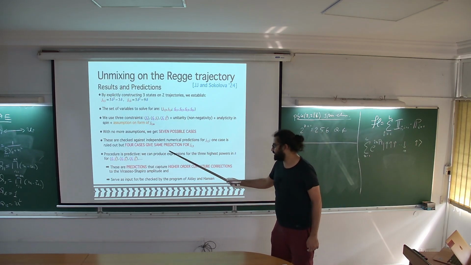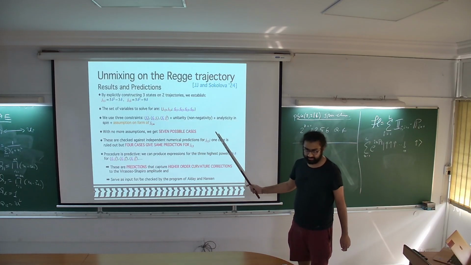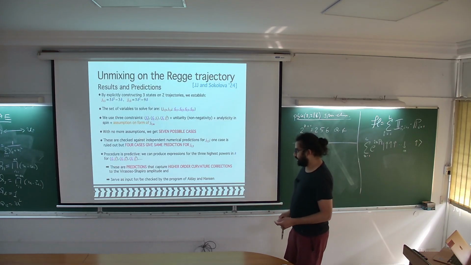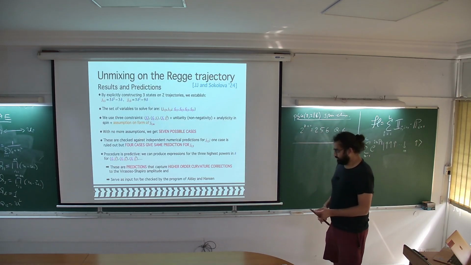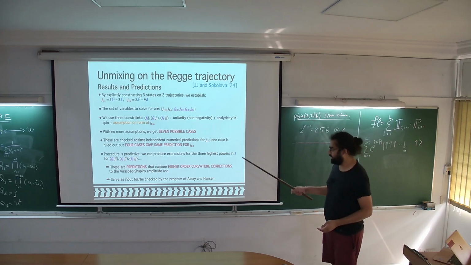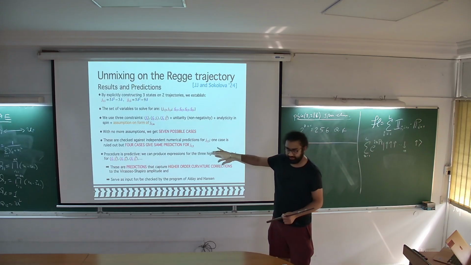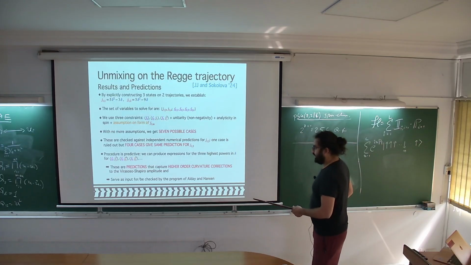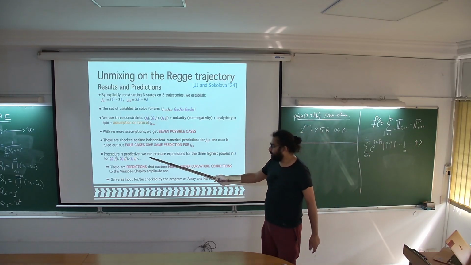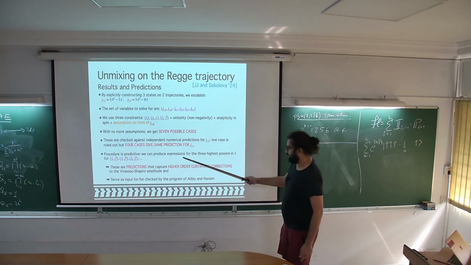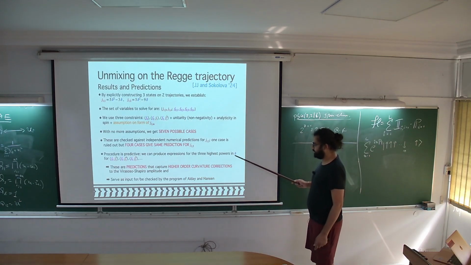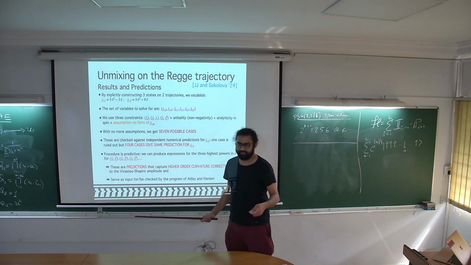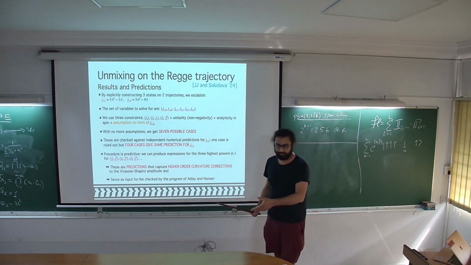Interestingly, 4 of those cases give the same prediction for J13, and the other 3 give different predictions. Furthermore, and this is also interesting, even at this point already, our procedure is a bit predictive. What we can do now is produce expressions for at least the 3 highest powers of delta in the highest powers of spin for constraints of the form f0 j1 cubed, f0 j1 to the 4, and so on.